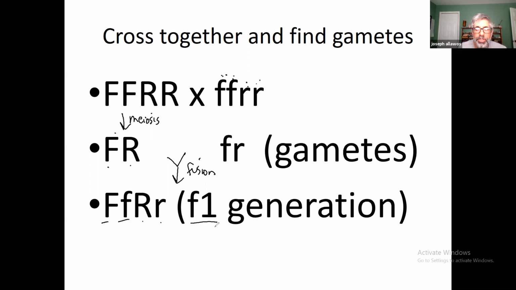Now we have our F1 generation. And this represents a whole generation of squirrels. I don't know how many little baby squirrels mama squirrel has typically. I would imagine 5 or 6, okay? They're all going to have the same genotype with respect to these two traits, right? What is their phenotype?